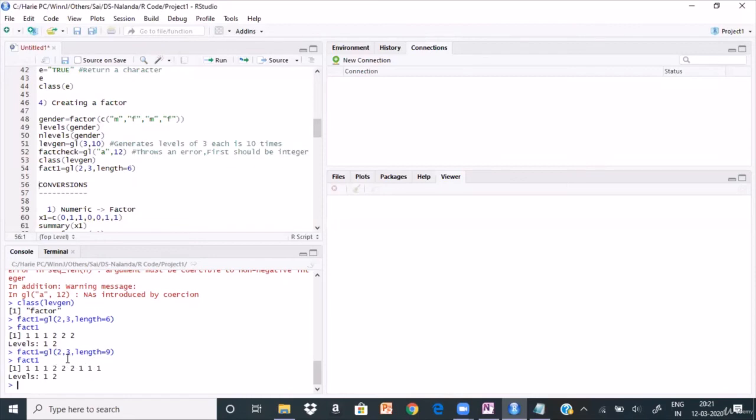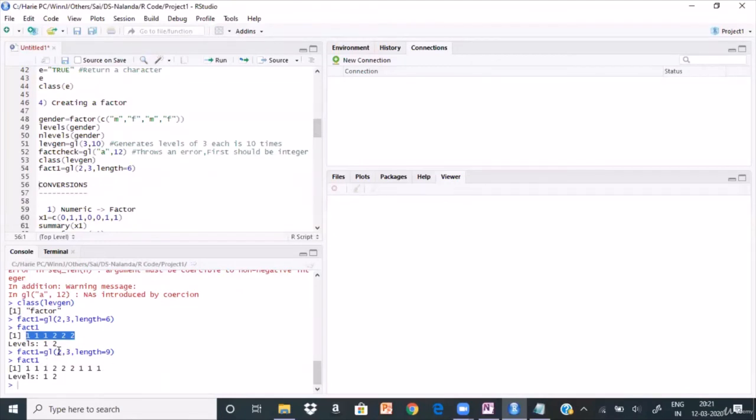What it is telling is, I am only interested in generating 2 levels, and each level is repeated 3 times, but the total length of the values is going to be 9. Here it is only 6, so only 6 values will be generated. Here it is 9.